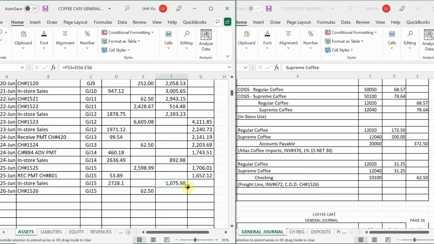So what's my grand total in the bank? 1013.48. Good.